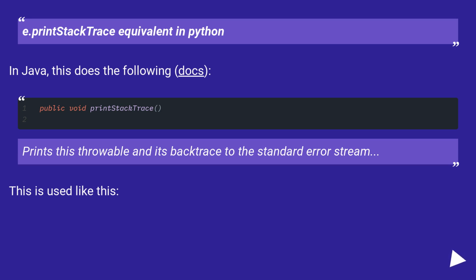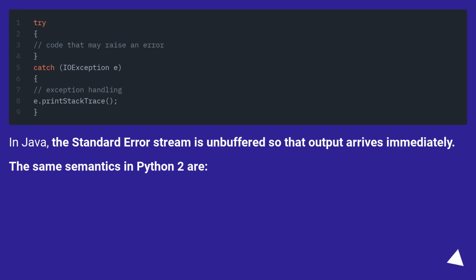This is used like this. In Java, the standard error stream is unbuffered so that output arrives immediately. The same semantics in Python too are.